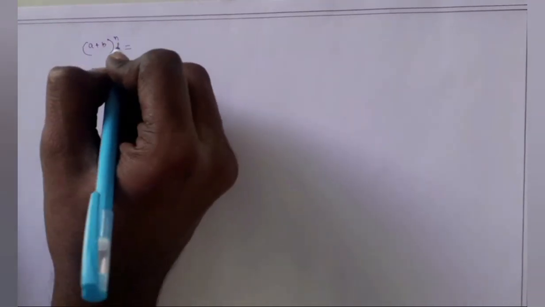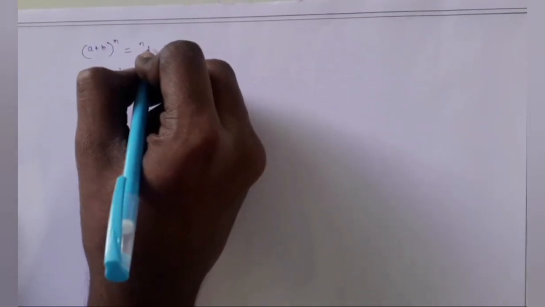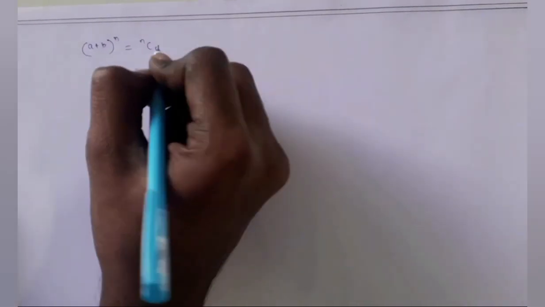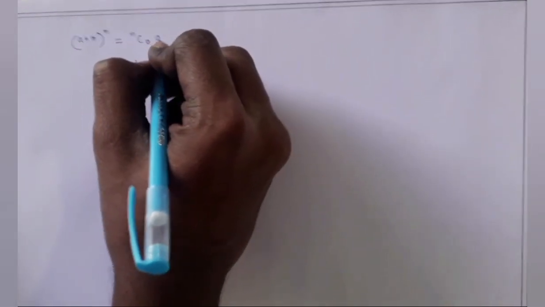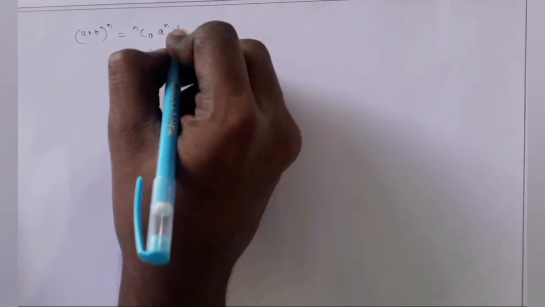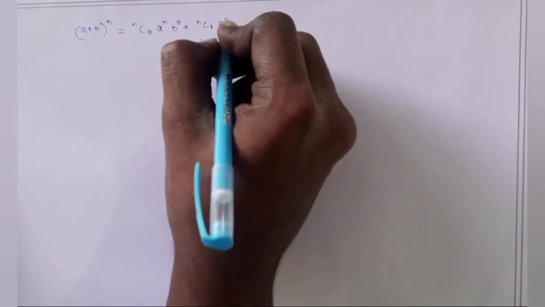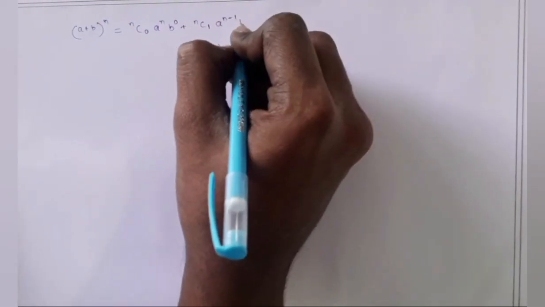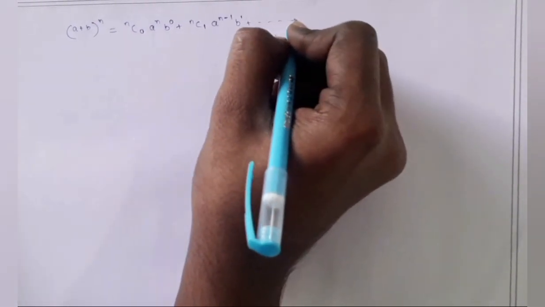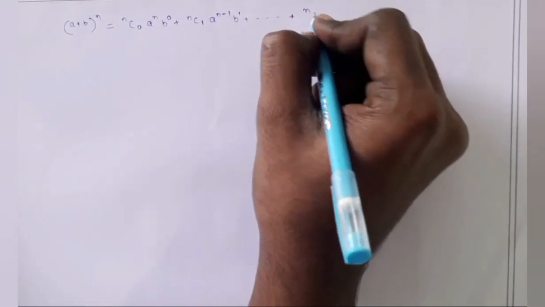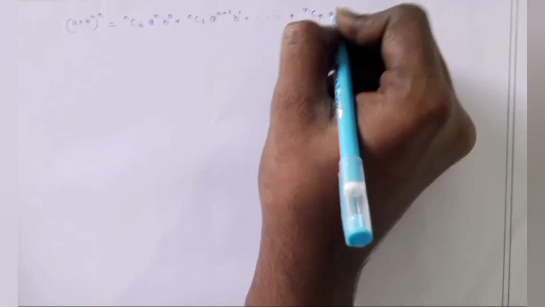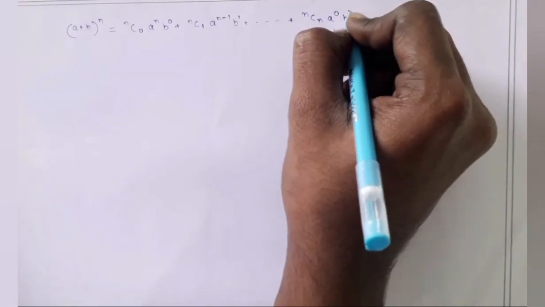First of all, let me introduce the formula a plus b to the power of n, which basically means nC0 a to the power of n into b to the power of 0 plus nC1 a to the power of n minus 1 into b to the power of 1 plus so on, and at the end we will get nCn a to the power of 0 into b to the power of n.